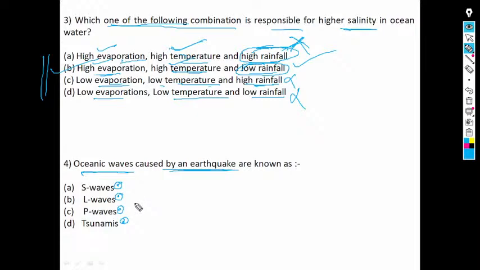Oceanic waves generally caused by an earthquake: secondary wave, primary wave and L waves.